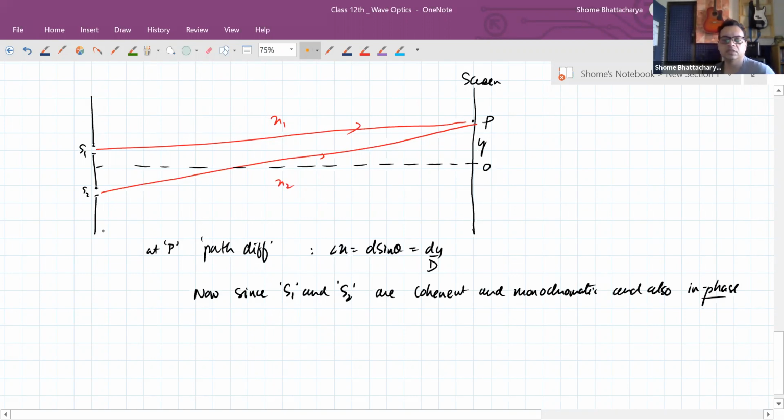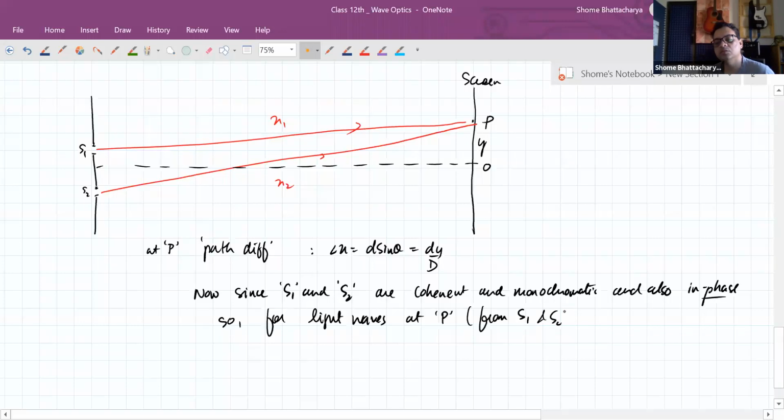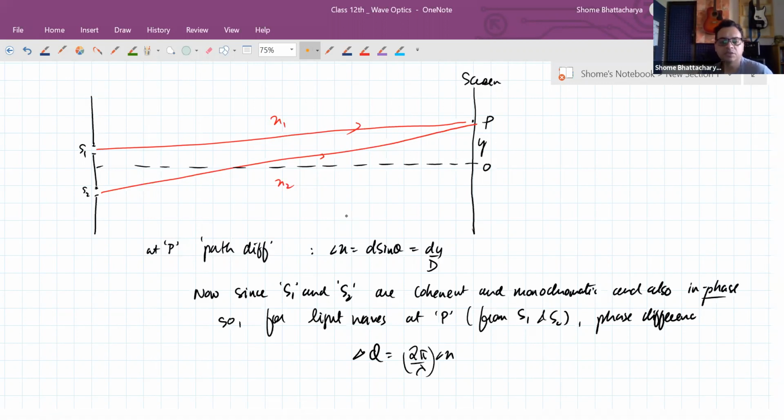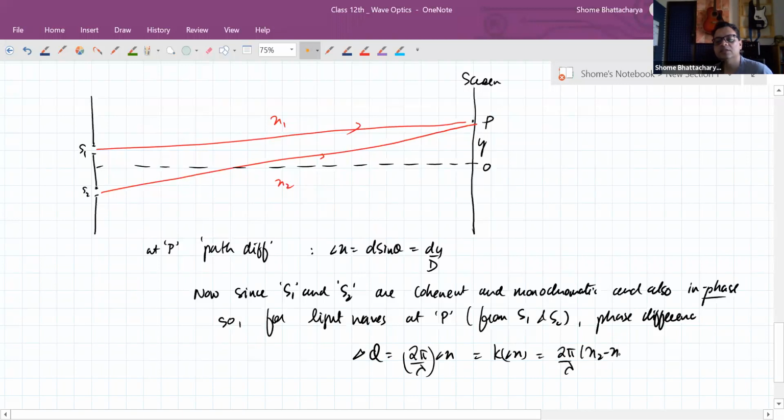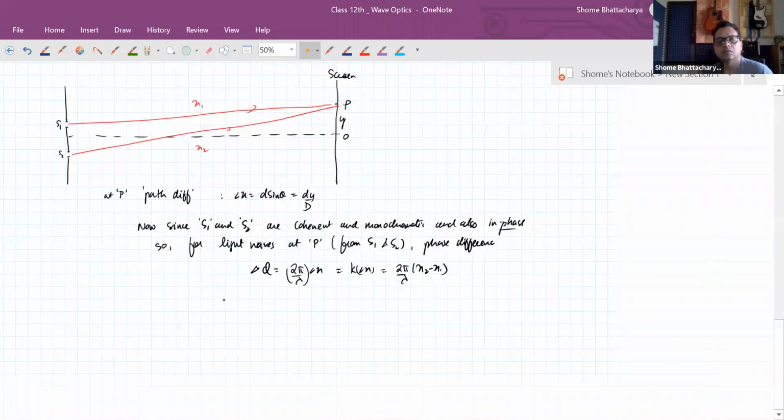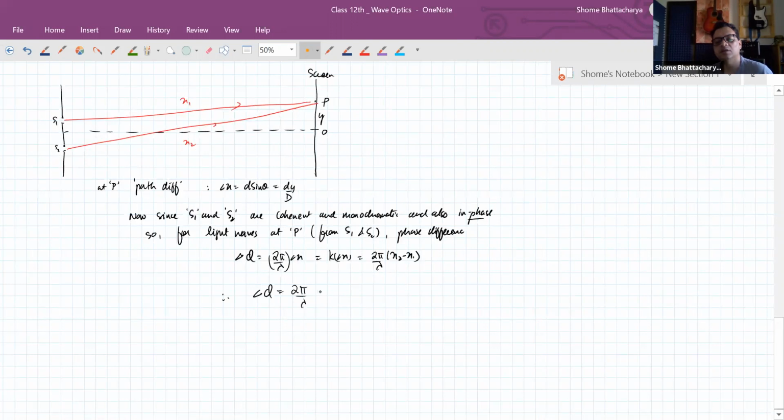The two sources S1 and S2 are in phase because they were equidistant from the single slit S. Okay, so for light waves at the point P from the two independent coherent sources S1 and S2, the phase difference delta phi is nothing but 2 pi by lambda times delta x, because there is no phase difference between S1 and S2. So the only reason why there's phase difference between the light coming from S1 and S2 at the point P is that light coming from S2 is traveling a longer path. It is k delta x, that is nothing but 2 pi by lambda into x2 minus x1. So the formula for this phase difference delta phi becomes 2 pi by lambda into dy by D.